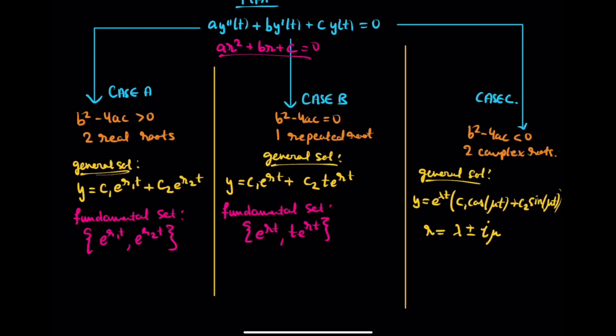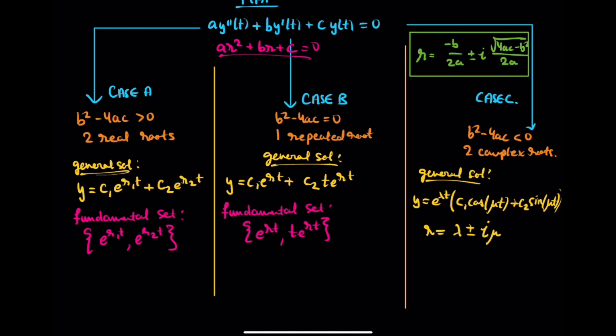Okay, so like I was saying, r is minus b over 2a plus or minus i times the square root of 4ac minus b squared, over 2a. And I'm going to move this arrow just so that you can see better. That's your r just for case C. But for case B and case A, the condition is different, right?